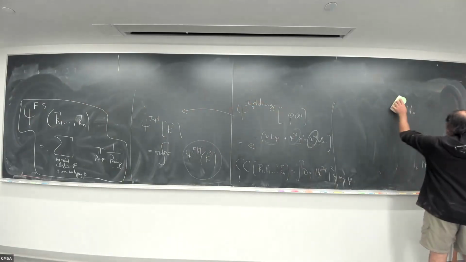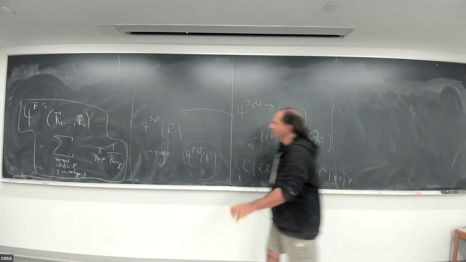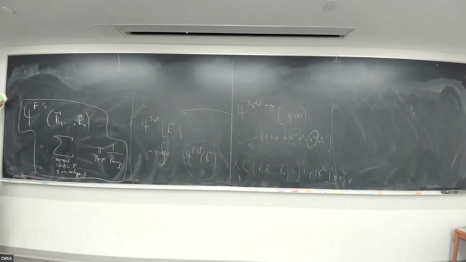Okay, so if that didn't mean anything to you, it was just so I was saying something completely precise and honest. So bottom line for this class of models, this is the object that contains all the juice.